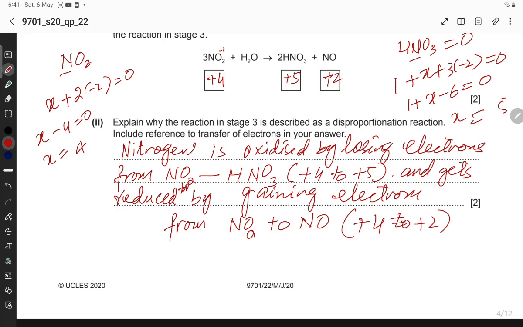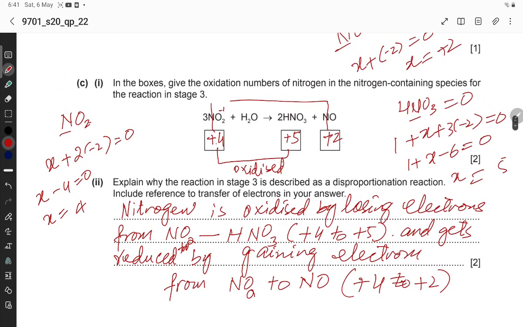So a disproportionation reaction is a reaction in which one species is oxidized and reduced at the same time. Plus 4 to plus 5 is oxidized, and plus 4 to plus 2 is reduced.